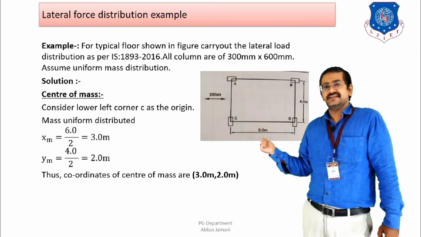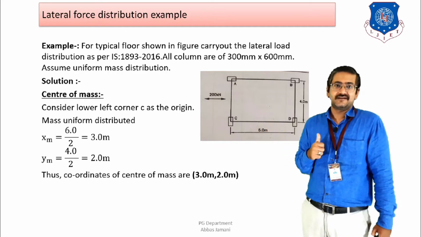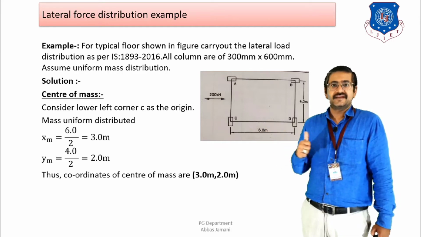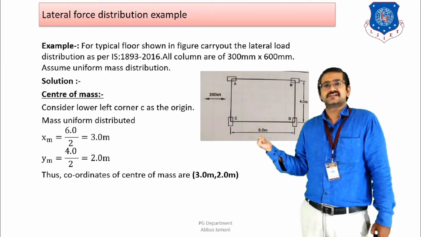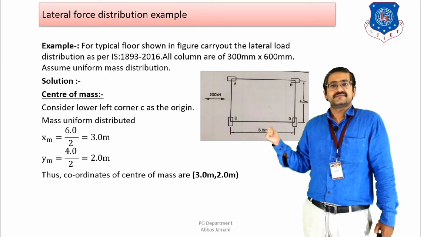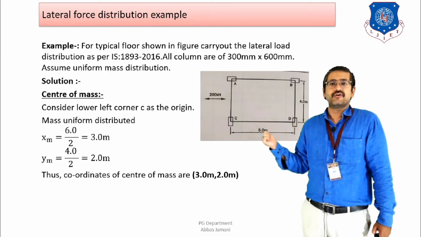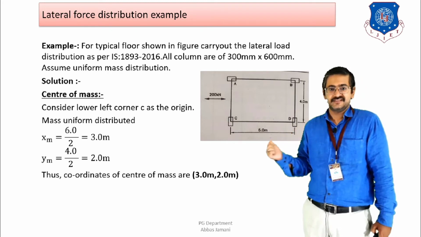Here, as you can see, 2 columns are aligned at 0 degree and the other 2 columns are aligned at 90 degree. The size of all the 4 columns is the same, but when you look at the effective distribution at the end of the example, you will see that based on the orientation, some columns carry more force as compared to the others. That is the purpose of this example.